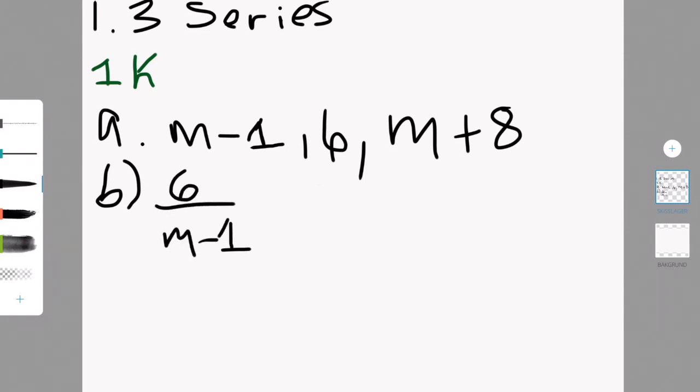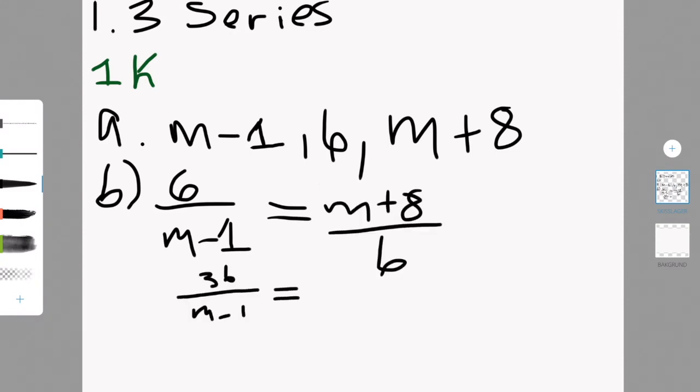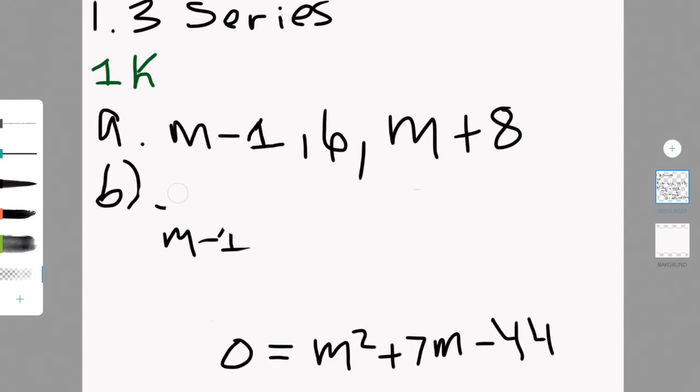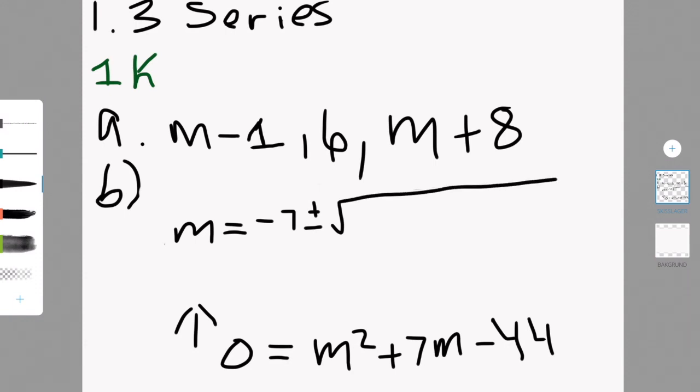Since we are looking for two values of m, I thought the easiest way to do this is to turn this into the quadratic formula. The quadratic formula is x equals negative b plus or minus the square root of b squared minus 4 times a times c, all divided by 2 times a. I assume that you would know this previously, so I am hoping that that is the case.